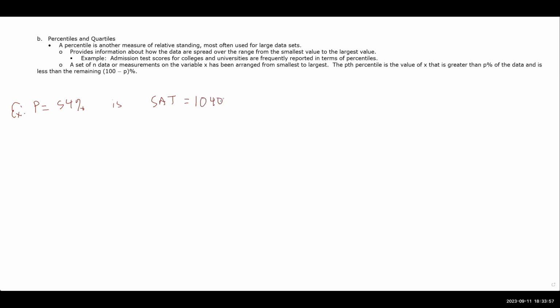That means this value of 1040 is better than 54% of the people who took it, but worse than the rest, the remaining 100 minus 54.